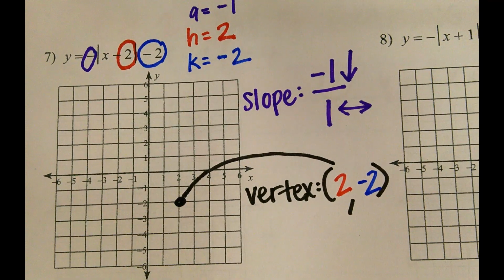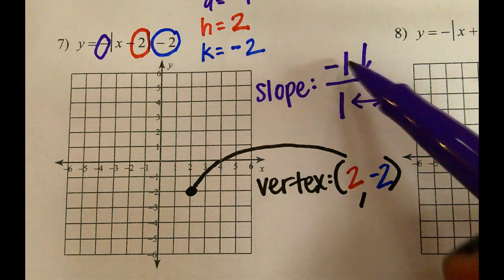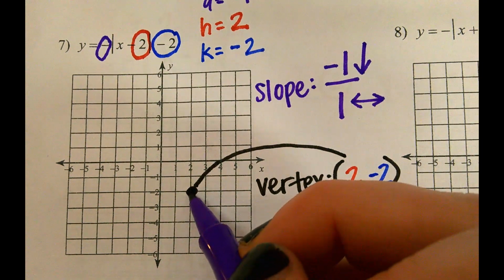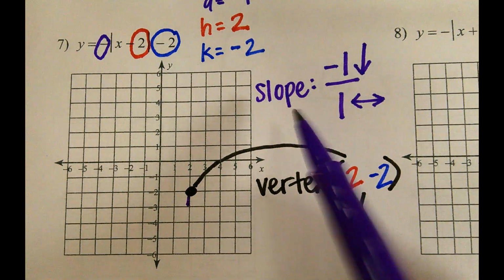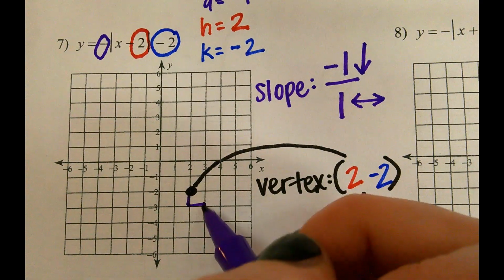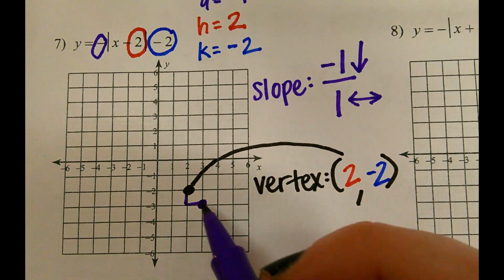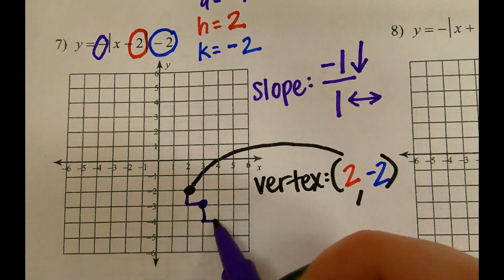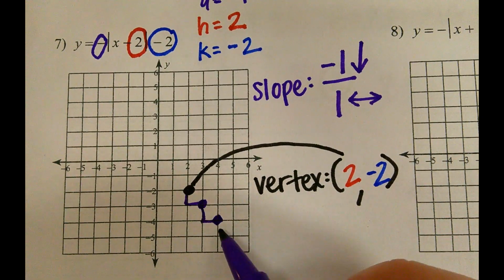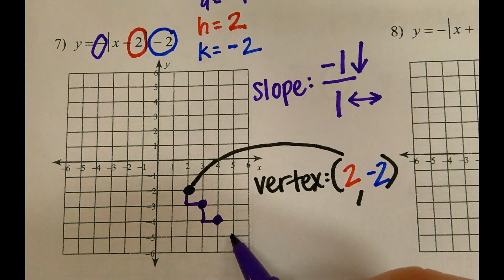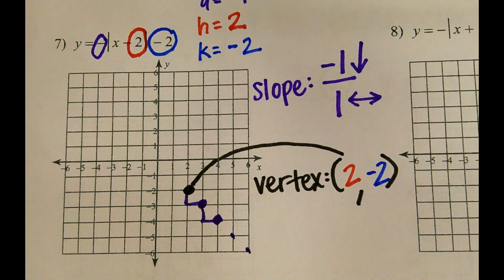You go down over 1. My slope says -1, so down 1 over 1. There's a point. And again, down 1 over 1. There's a point. You could stop there, but we could also keep going. I'll just make little marks so I know where to trace my line.